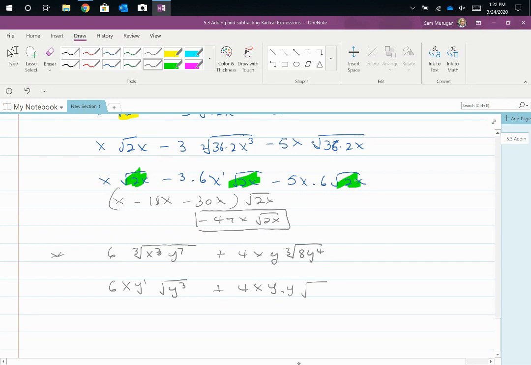Oh, I forgot. The third root of 8 is 2. And that leaves us y cubed under the cube root sign.